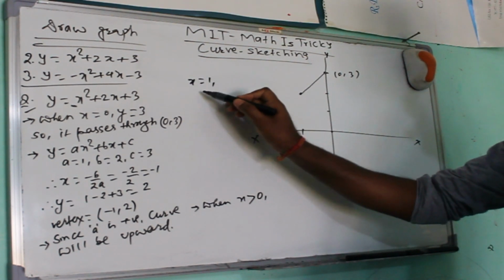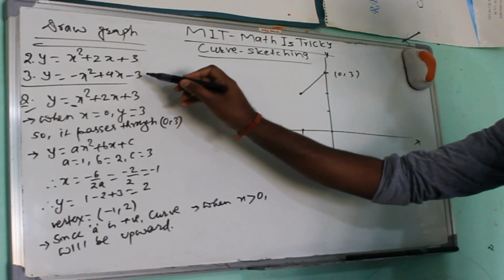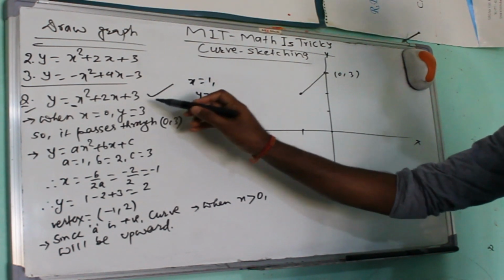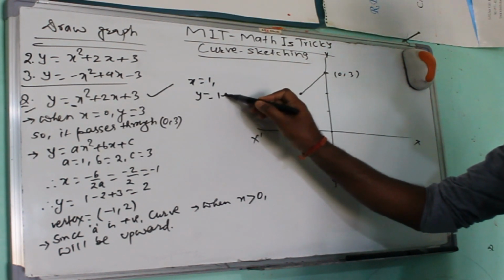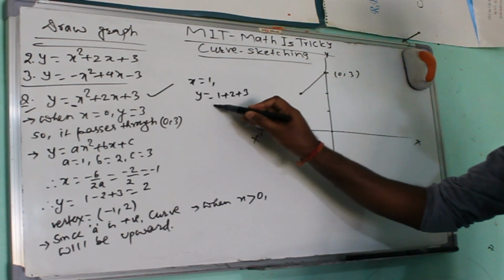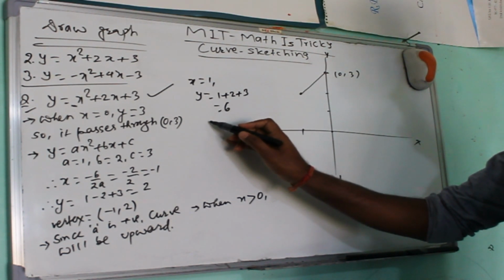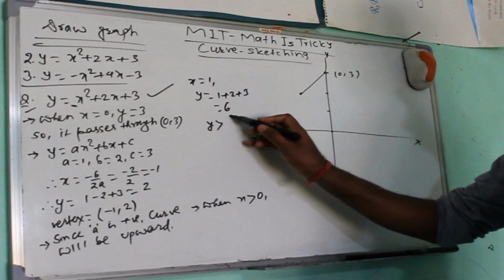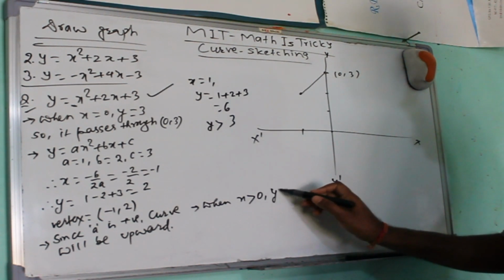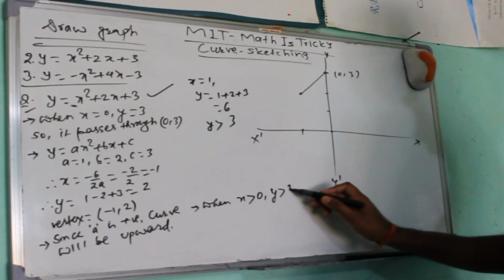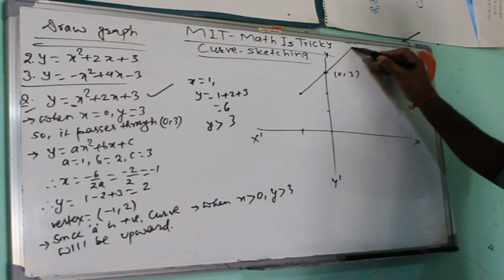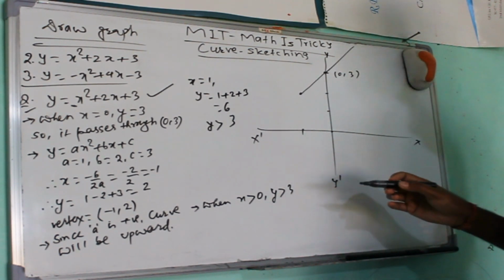We'll get y equals how much? From this, 1 plus 2 plus 3, which is 6. That means y is greater than 3, isn't it? So it will be up. The curve is going up.